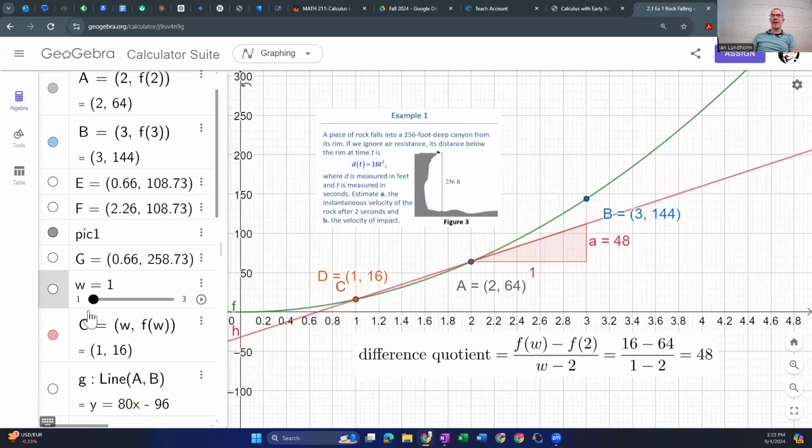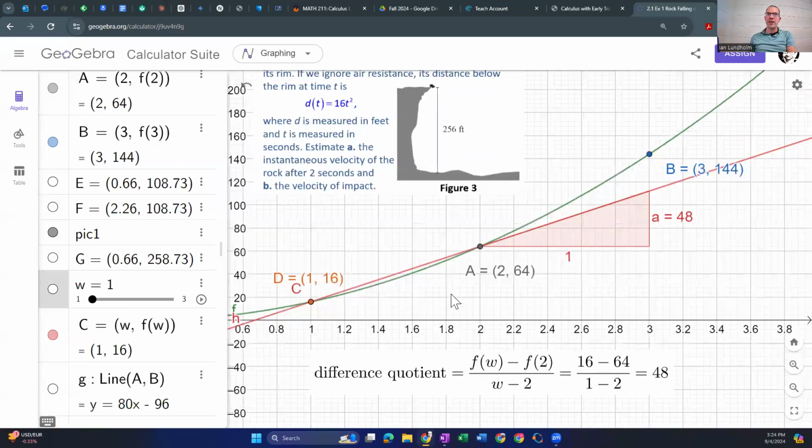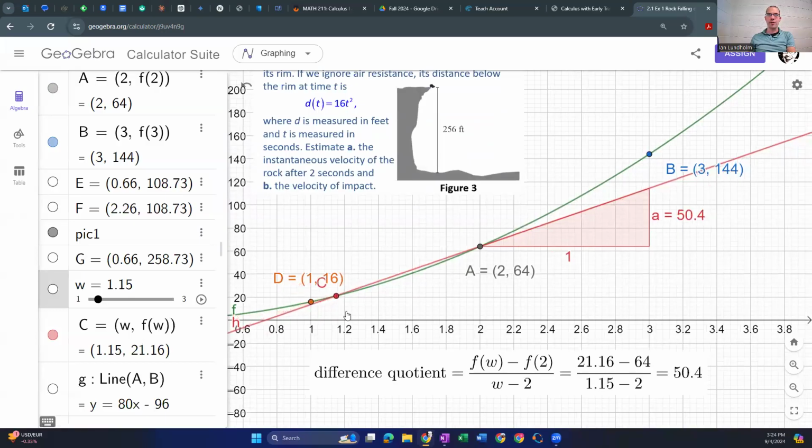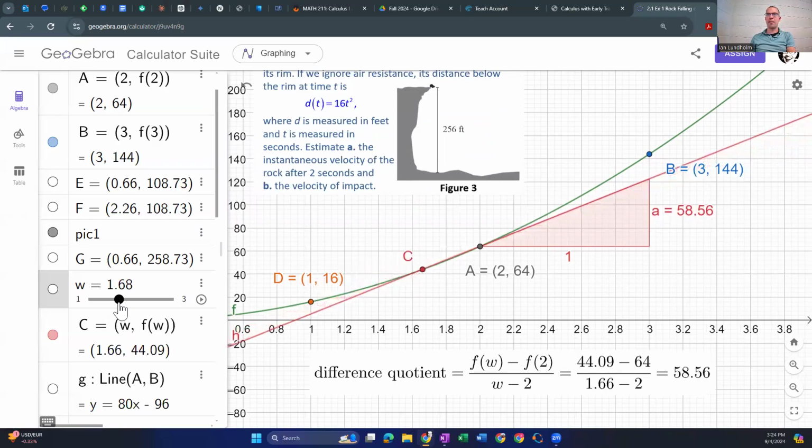Now, if I back it all the way back here and I say, let's estimate that the slope here at 2 is 48. That's not an awful estimate, but notice as I bring this point W, so we're making our x value bigger, we're bringing this point up the parabola.